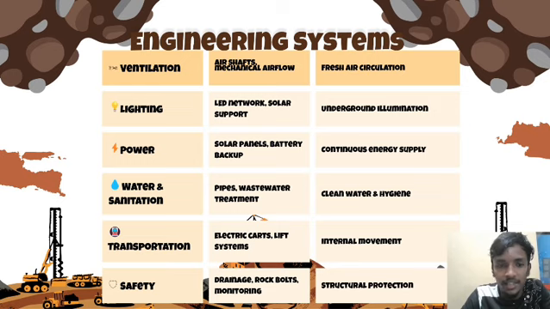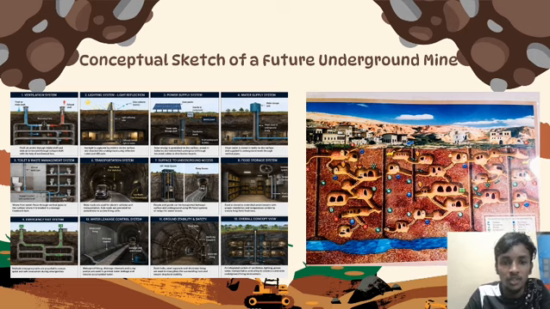The second is lighting, then power, water and sanitation, transportation, and safety. For transportation, we have electric cars and a lift system. The safety system includes drainage, truck boards, and structural monitoring. Water and sanitation covers pipes, wastewater, and treatment. Let's move to the next slide.